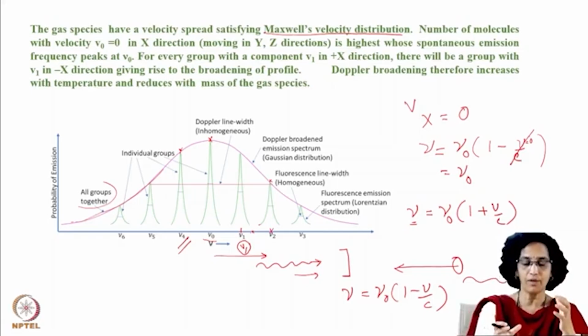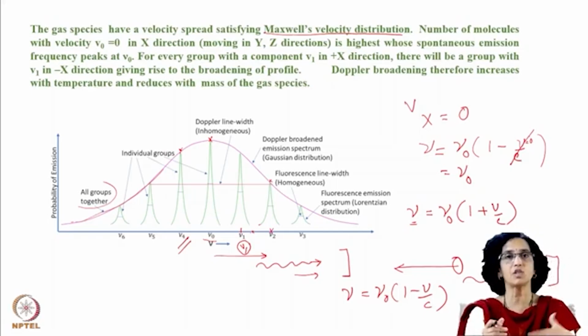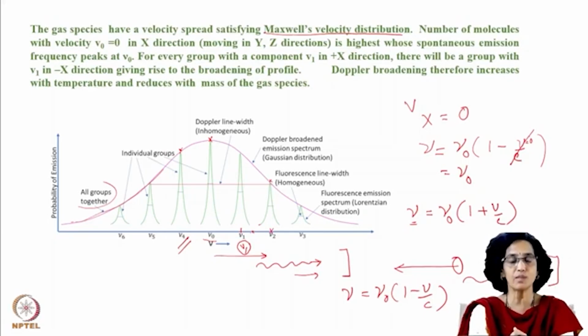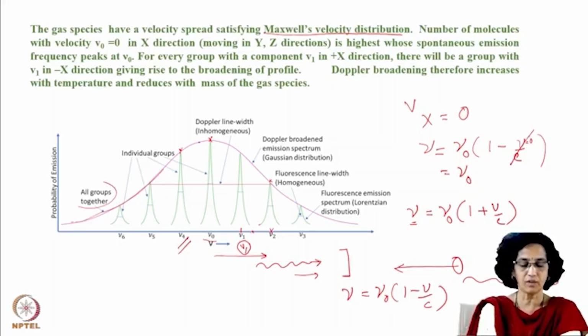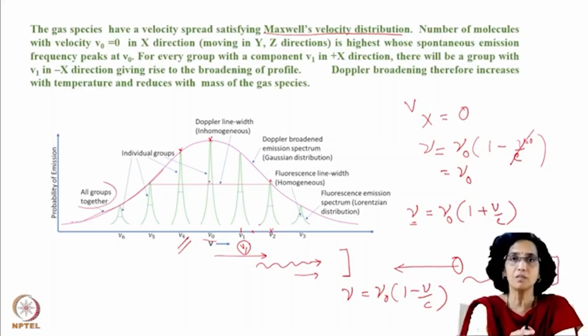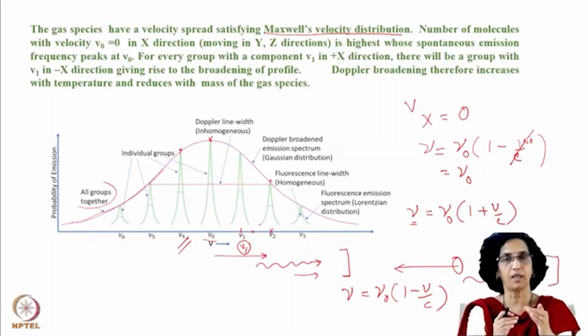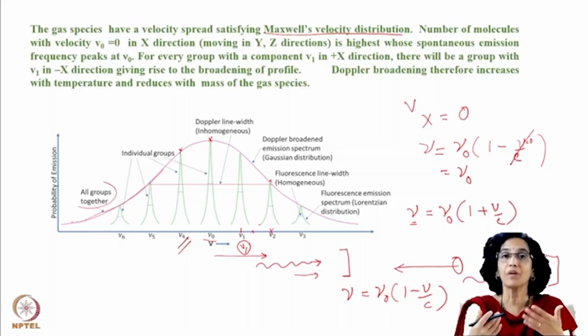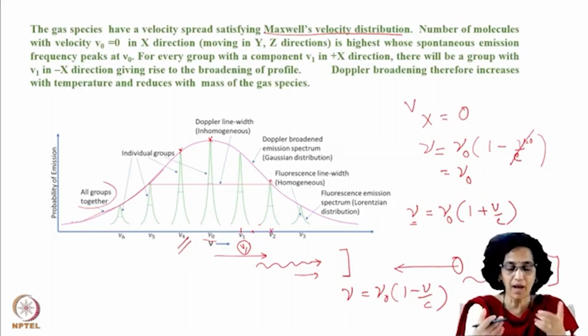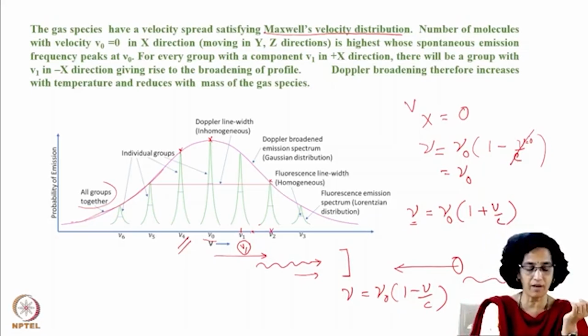When you have a system which is predominantly inhomogeneously broadened, you will have this kind of spectrum, and all species in it are not identical. They have their own fluorescence spectrum, and the overall effect of that ensemble is to have a total width.